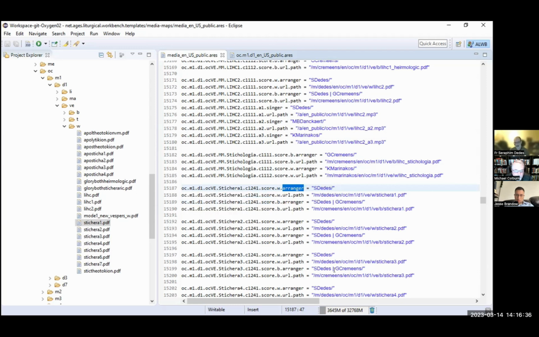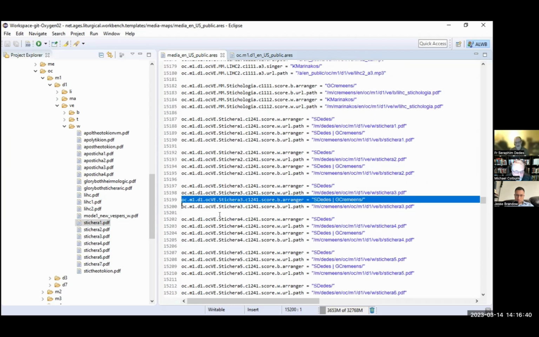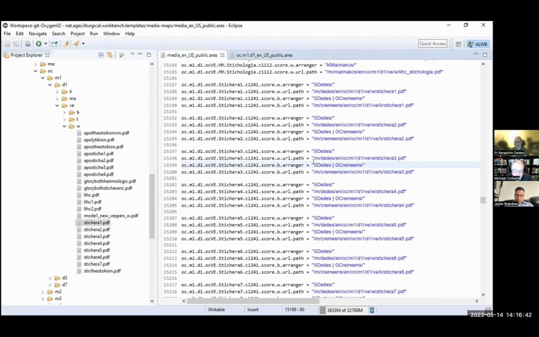For this one down here, for example, it means that Father Seraphim composed it. In other words, I said, let's sing it this way. Okay. And it means that Gabriel Permines actually typed out the score. He didn't make up the music. He simply typed it out, and he provided the score. That's how we organized it here.